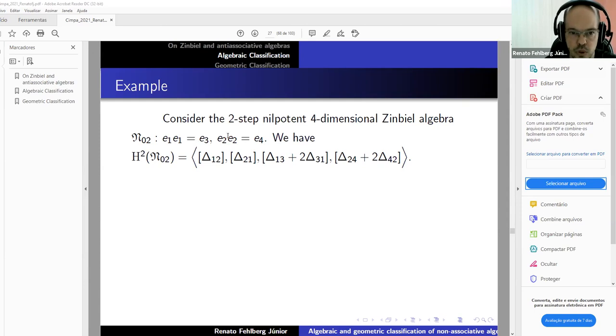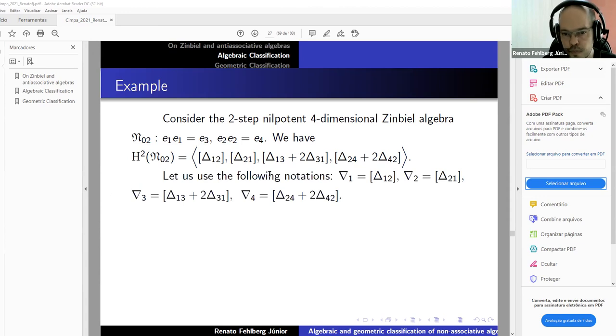So these products define the Zinbiel algebra. The second cohomology group of this algebra is generated by these elements. To make the computations, we use the following notation, just to avoid the sums that appear.